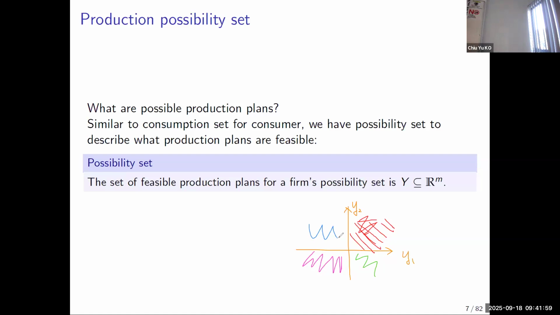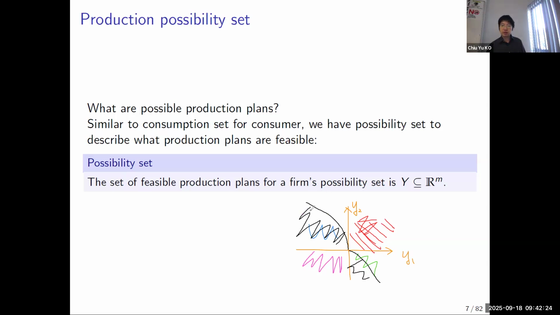So these are possible. And the frontier simply means that usually technology will tell you what is possible. So usually it will be something like, use this much of 1, the maximum you can produce of 2. So if you have more, you can produce more. So usually you will see something like this, and you allow this to happen. Similar in this idea, maybe something like this.